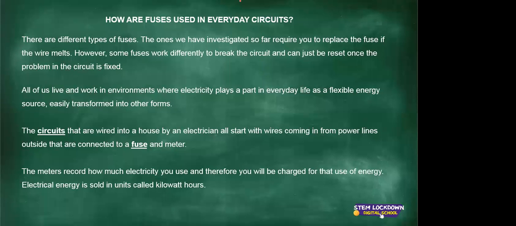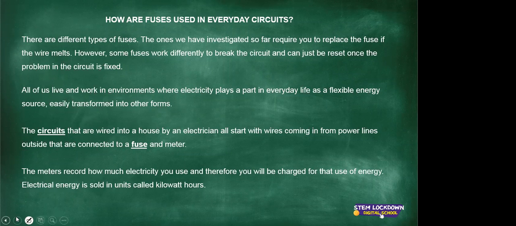So meters record how much electricity you use, and therefore you will be charged on that amount of energy. Meters are measured in kilowatts, and you use kilowatt hours, how many kilowatt hours you are using.